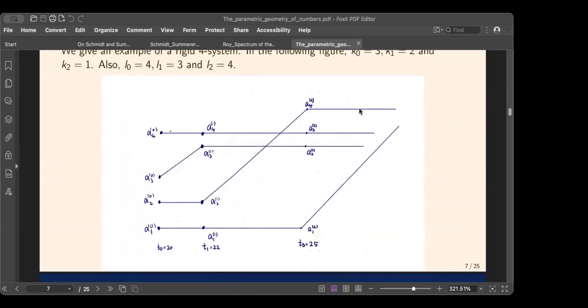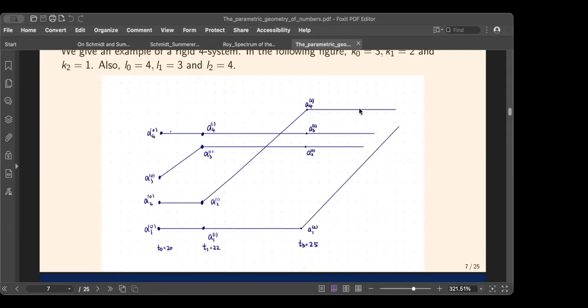Such as we have this rigid n-system. K_i means that in A_{K_i}, the left side of A_{K_i} has slope 0, and the right-hand side of A_{K_i} has slope 1, such as in T_1 equals 22, K_1 is 2.